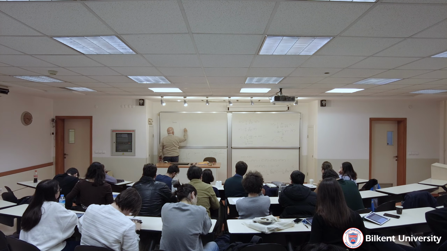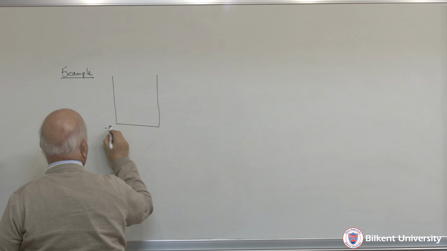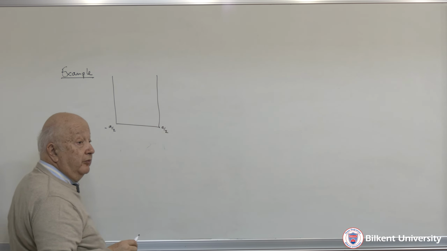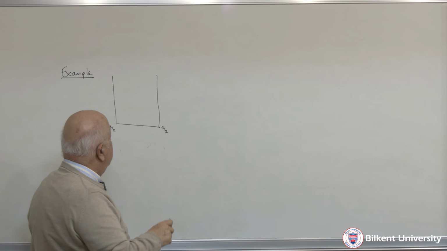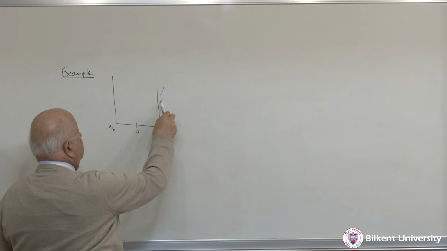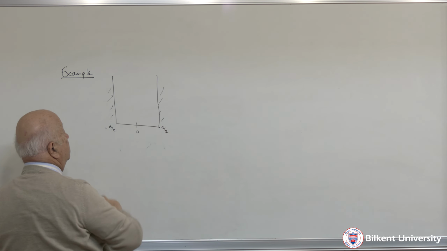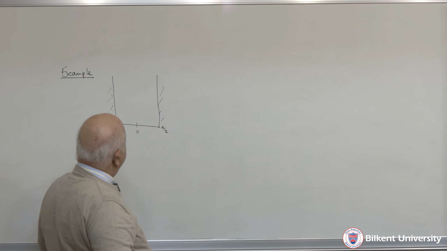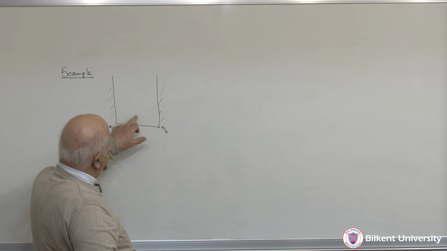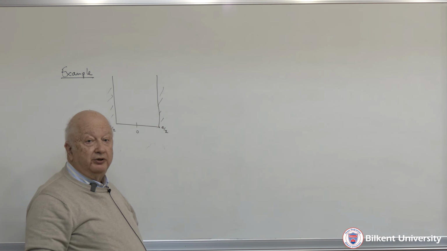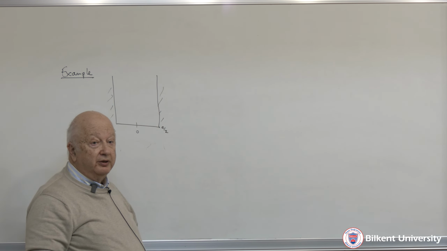I have the same problem, minus a over 2 to a over 2, and this is my origin. Infinite box. I'm not going to write the functions again. But suppose I put 2 non-interacting particles into this box, say, into the ground state.